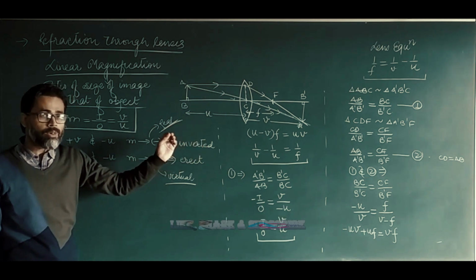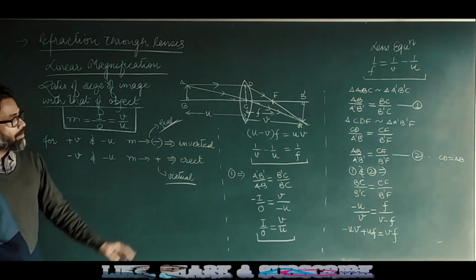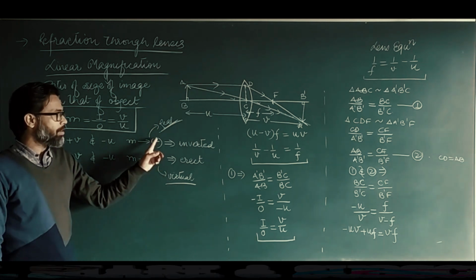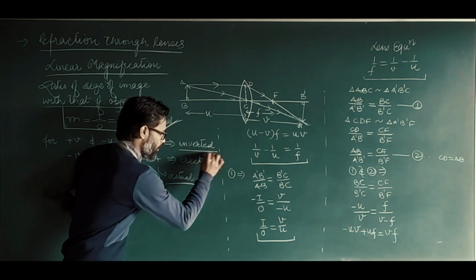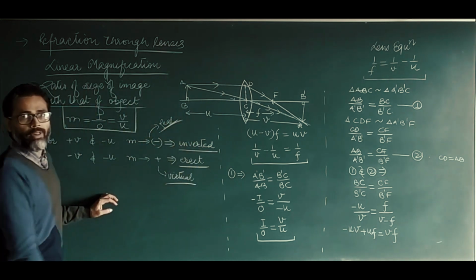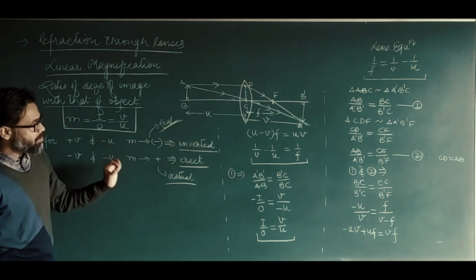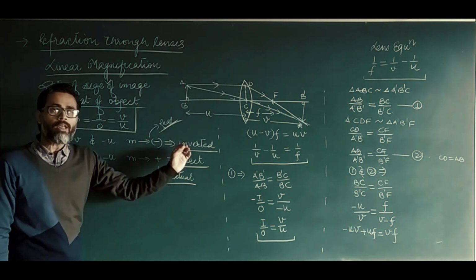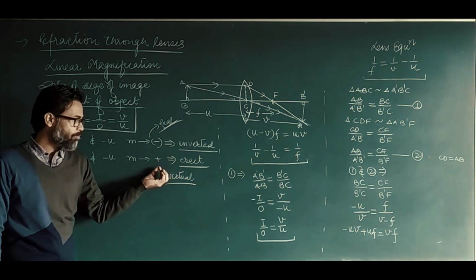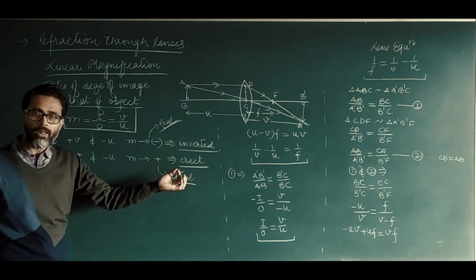In case of a system of lenses, this real-virtual rule for negative and positive will not work, but the inverted-erect rule will always work. Means in case of negative magnification, learn only inverted. In case of positive magnification, learn only erect.